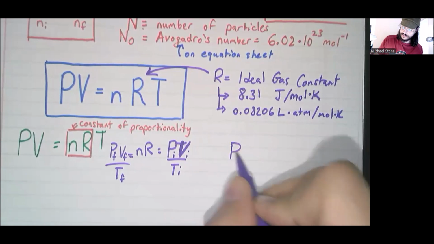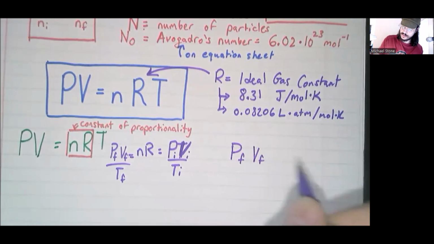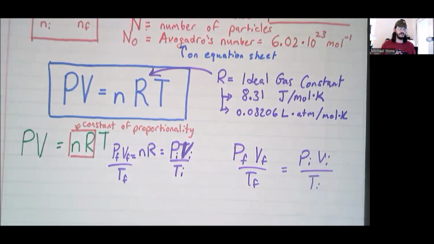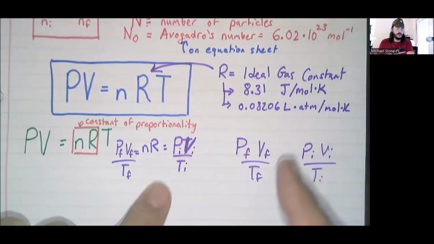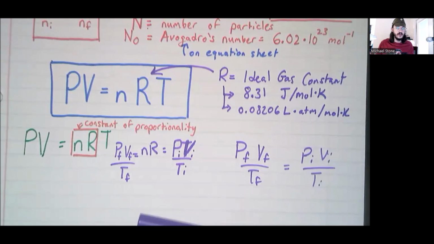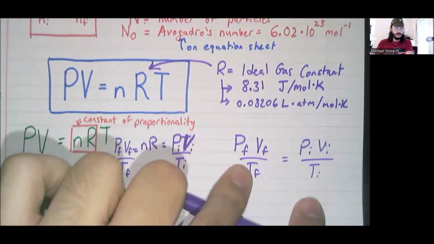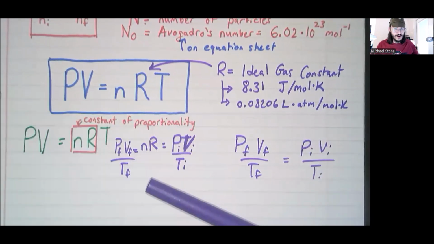Simplifying it down, you get this comparison. There you go. That's how you would use this to arrive at one of the others. Now, if you were trying to get Charles' law or Boyle's law out of it, what do you do? Well, you plug in the same thing twice and it's on either side of an equal sign and it cancels out, leaving you with the law in particular.